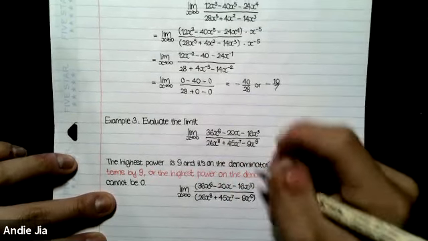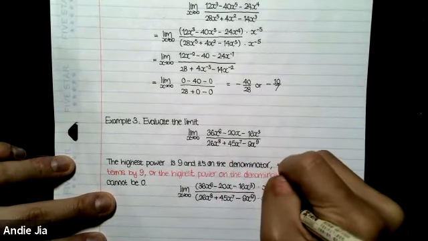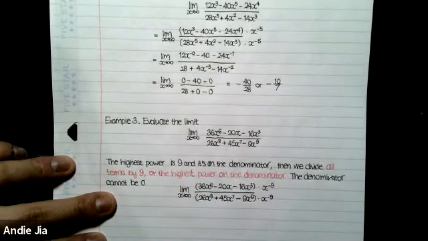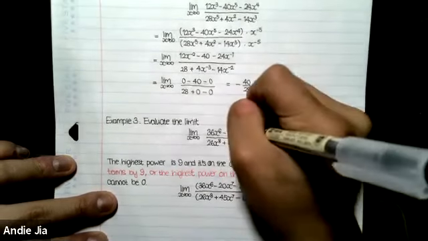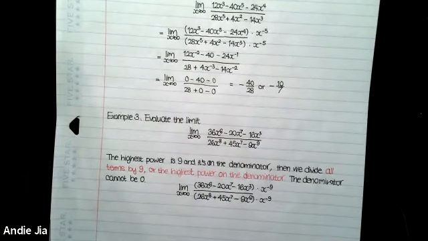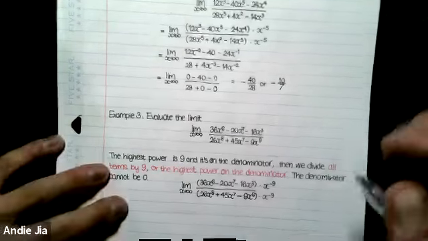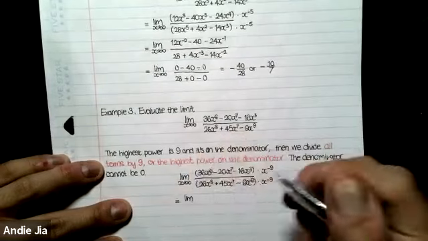We multiply them by x to the negative 9th. Seventh, I forgot this. Okay, and then just rewrite the limit.